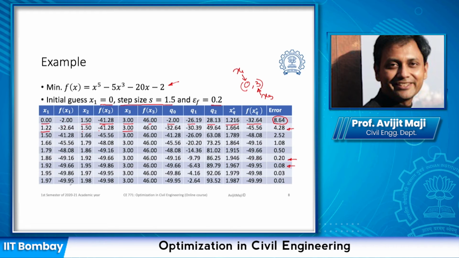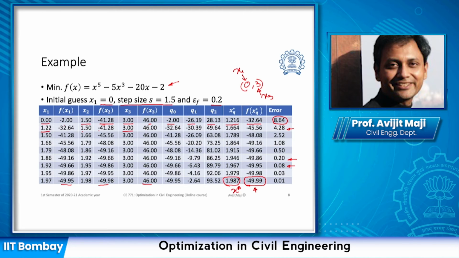So we can see that the objective function value at x1 is negative 49.95, x2 is negative 49.98, x3 is 46, and this new point is negative 49.99. So this is the best point. Hence this is my x star, or the optimum point for the given objective function, and this is the optimum objective function value.